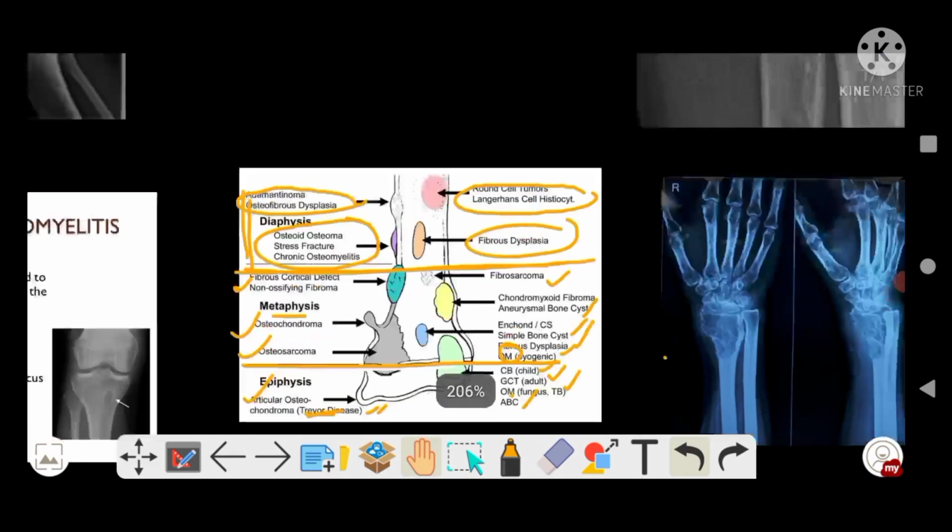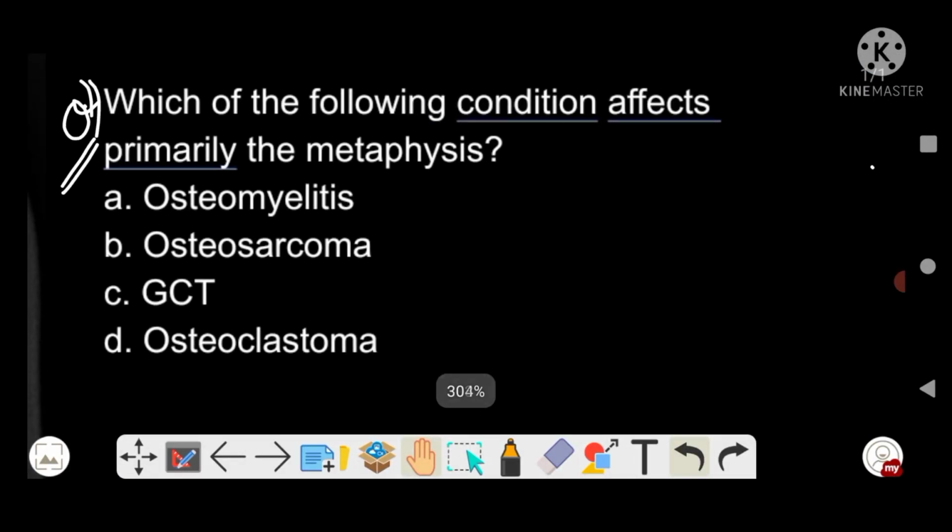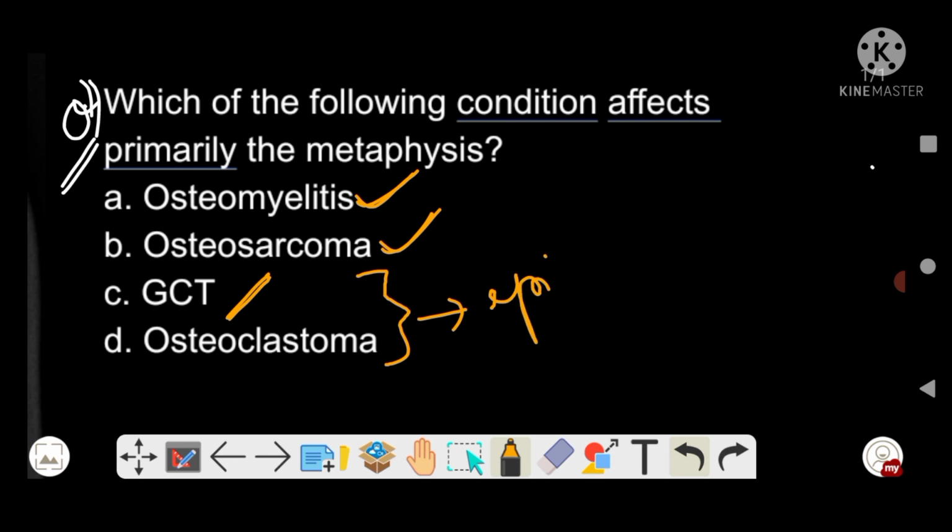Coming back to the question: which of the following conditions affects your metaphysis? We just saw that osteomyelitis occurs in your metaphysis, and osteosarcoma also occurs in your metaphysis. Both GCT and osteoclastoma are the same, and they occur in your epiphysis, that is the end of the long bone.